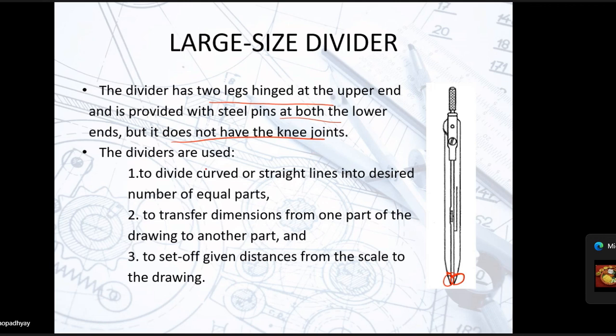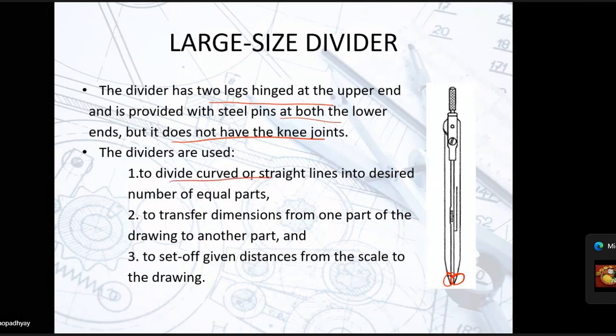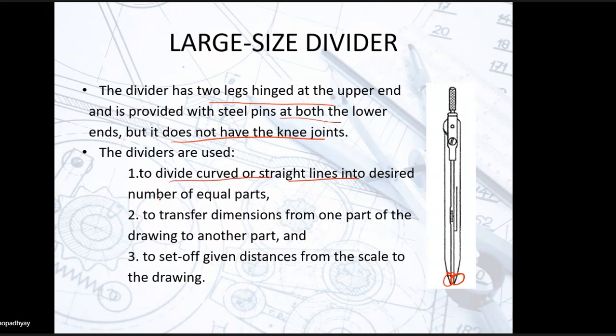Dividers are used to divide curved or straight lines into the desired number of equal parts, to transfer dimensions from one part of a drawing to another part, and to set off given distances from a scale to the drawing. Right? So when you will be practicing on your drawing sheet, you will be able to clearly understand the function of each.